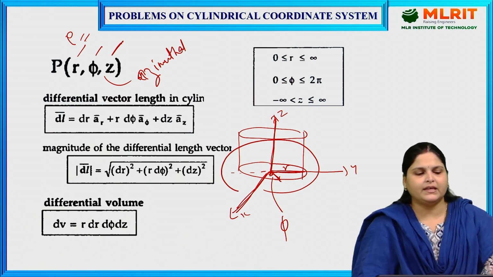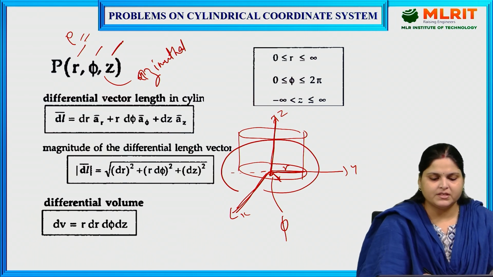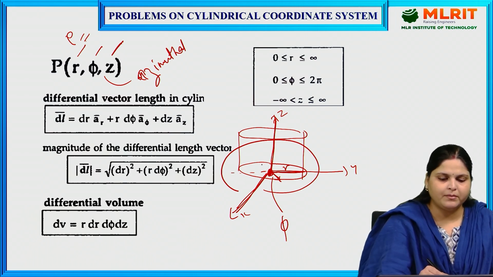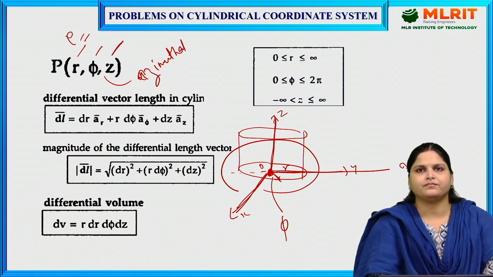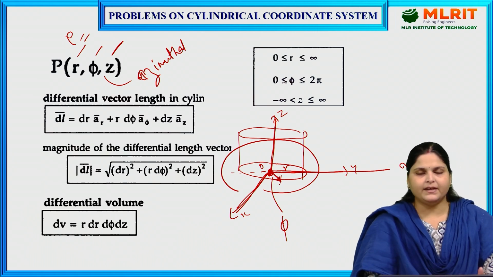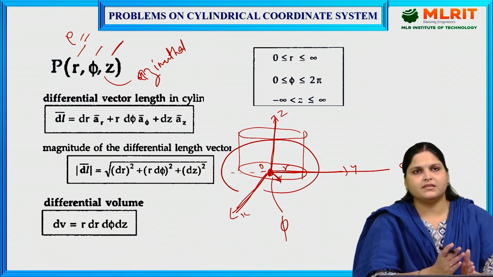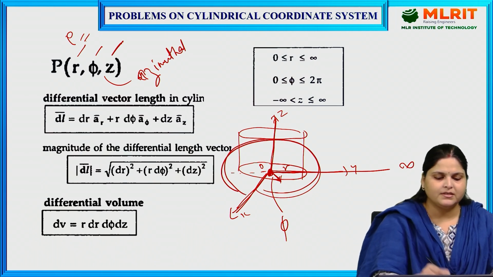Now if we see the ranges of these three coordinates, because R is starting from origin, it is radius, so its range will be from 0 to infinity, right? Now if we talk about azimuthal angle, as I said, we are measuring this angle from x-axis in anti-clockwise direction and it is completing this entire circle.